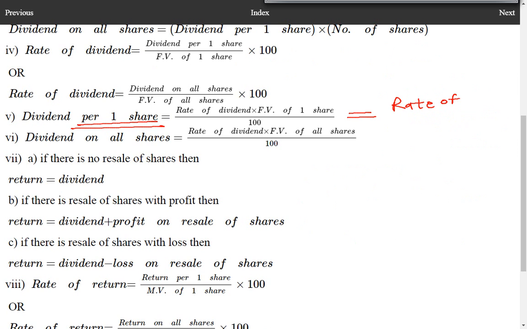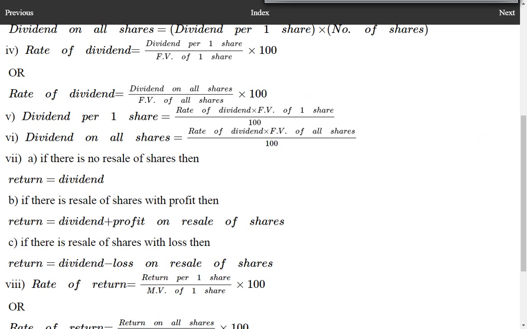So rate of dividend into face value upon 100. Again, there will be two formulae, whether we consider one share or whether we consider all shares at a time. But basic formula is going to be rate of dividend into face value upon 100 for dividend. So these are formulae for dividends.